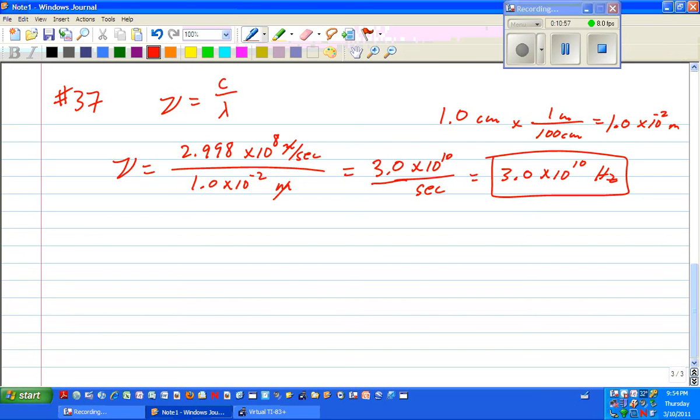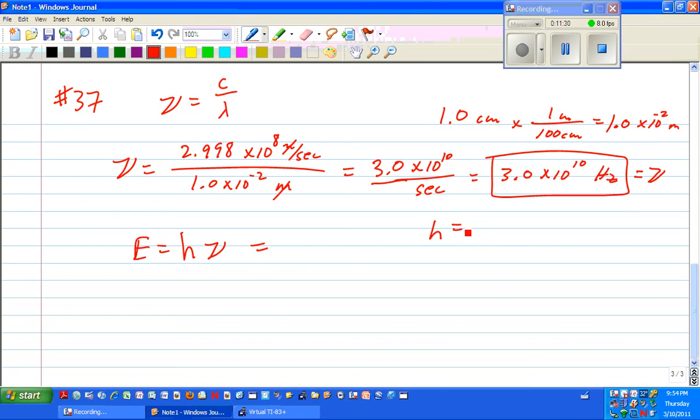The other thing we want to know is the energy of 1 photon. We know that E is equal to h nu. If I remember right, this is per photon. So we take our frequency that we just figured out, this is nu, and multiply that by h.